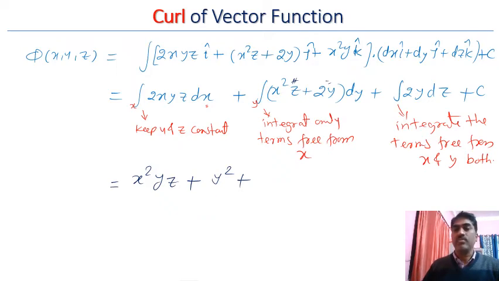So this contains y, so leave it. So finally this is our phi x y z. This is the standard technique to integrate and find phi, and you will learn the technique in the next semester under exact differential equation. So this is how we find.